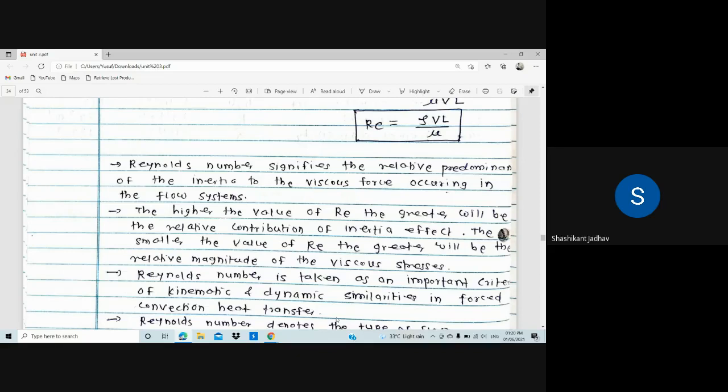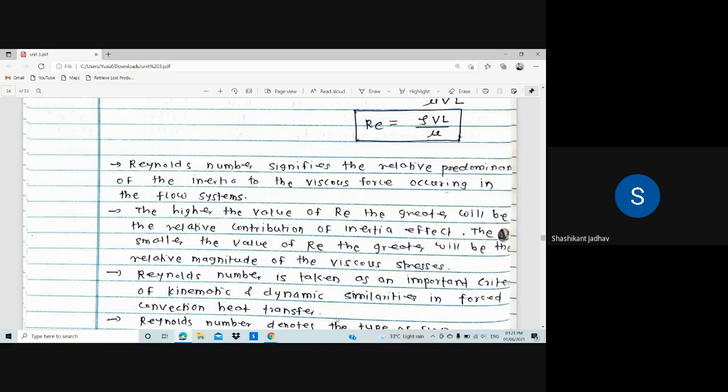Reynolds number signifies the relative predominance of the inertia to the viscous force occurring in the flow systems, full stop. Next significance, next line.